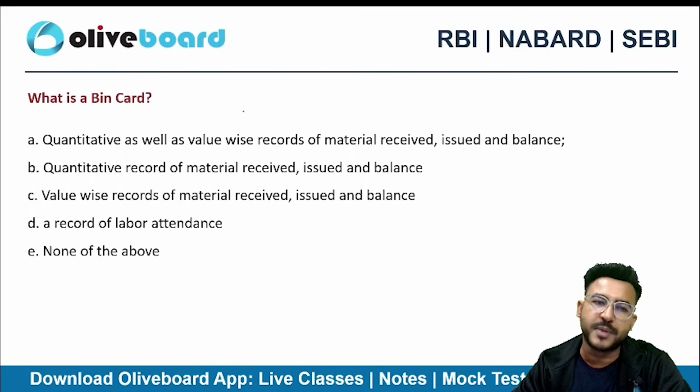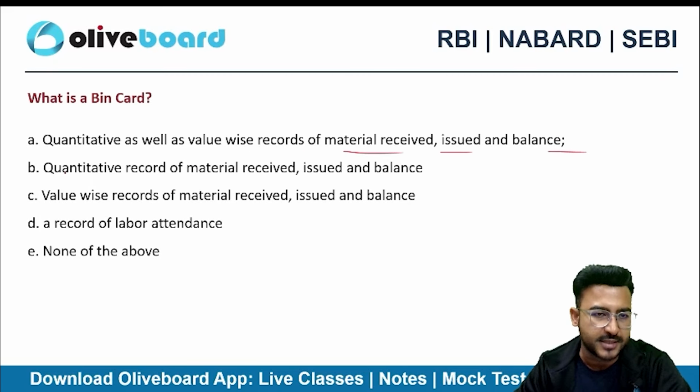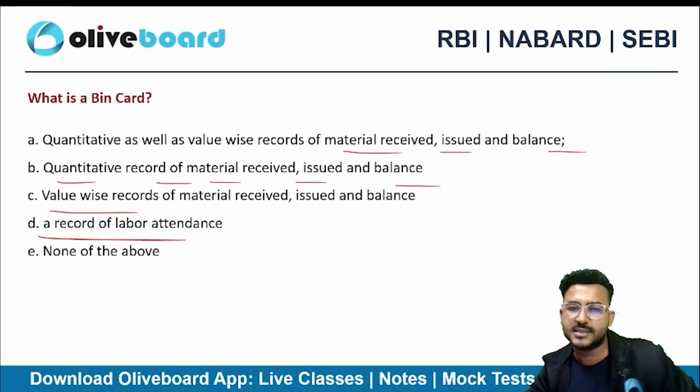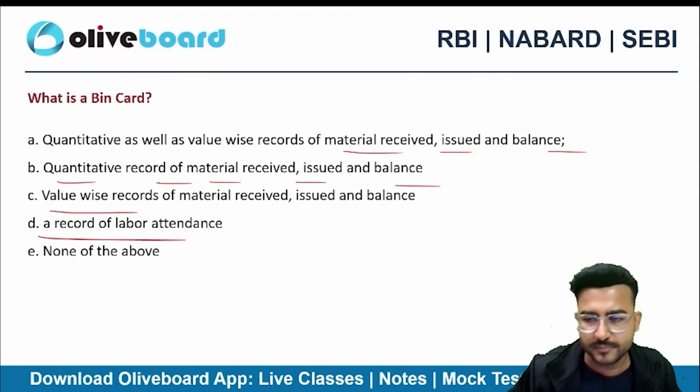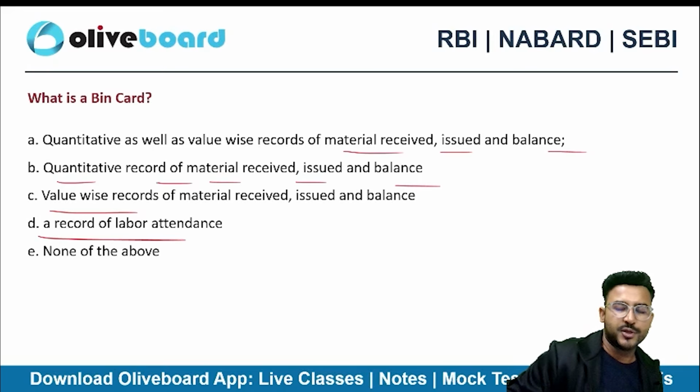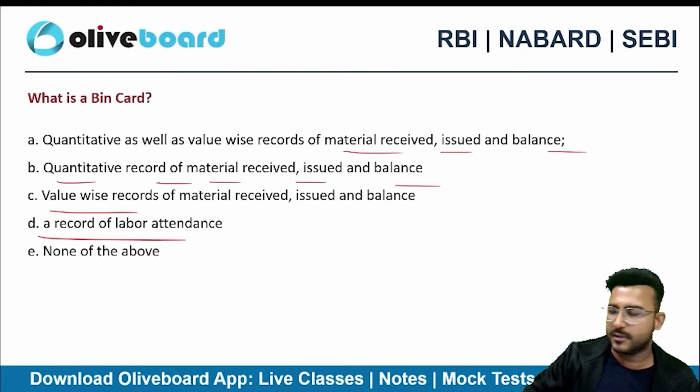Okay, tell me what is bin card. What do you mean by bin card? Quantitative as well as value-wise record of material received, issued and balance; quantitative record of material received, issued and balance; value-wise record or record of labor attendance; or none of the above. What do you think will be the correct choice here?